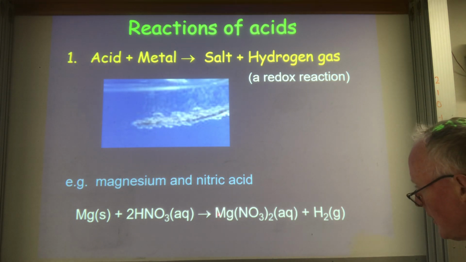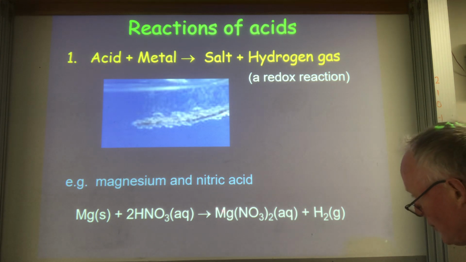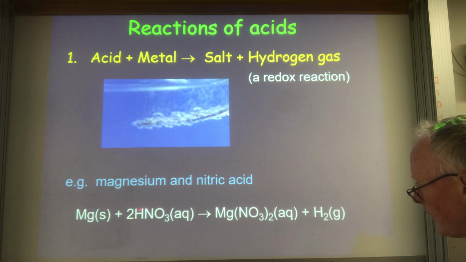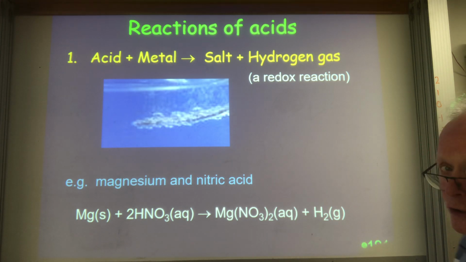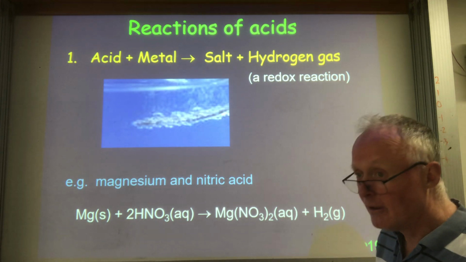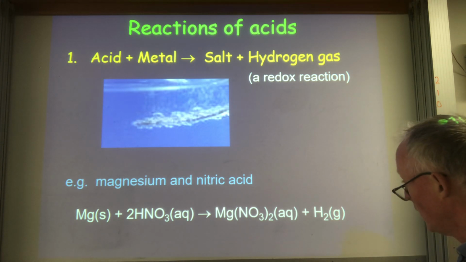Now you know that the charge on a magnesium ion is 2+. You also know that the nitrate ion is NO3-. So you can correctly write the formula of magnesium nitrate, of the salt, because you know your valencies. Very useful thing to know ions and their charges.